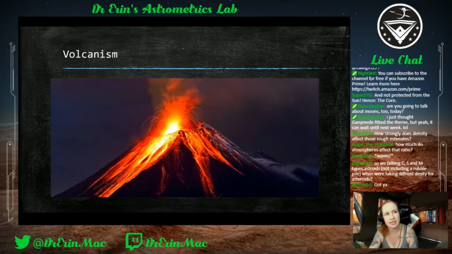I think the density of the asteroid affects more how, let's think about that for a second. The density of the asteroid affects more how much it's going to erode in the atmosphere versus what type of impact crater it's going to make.